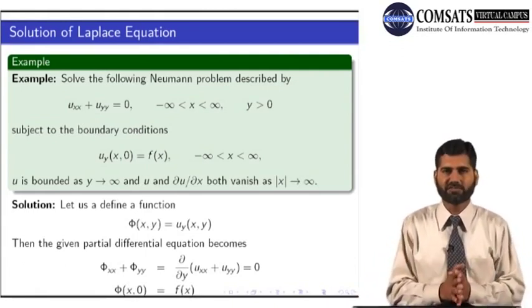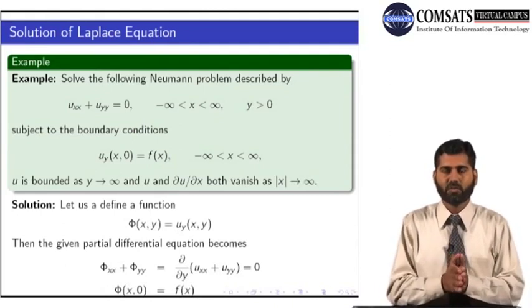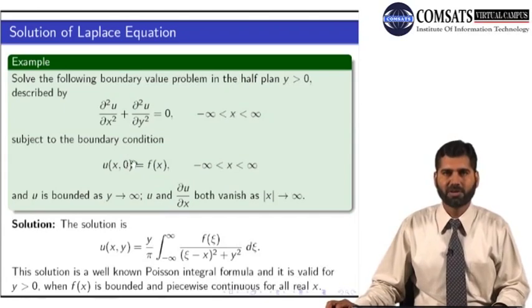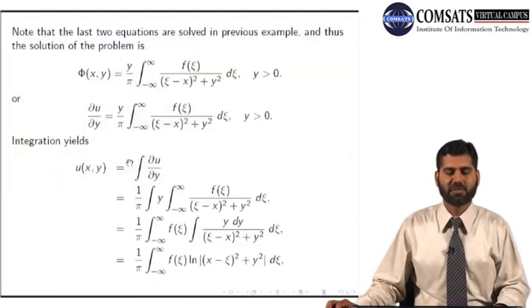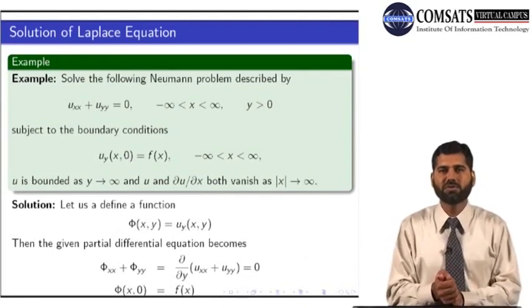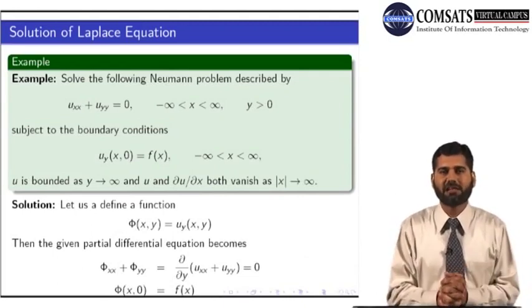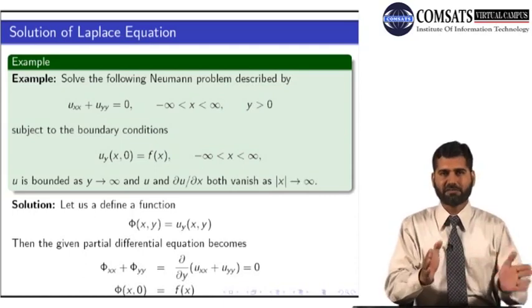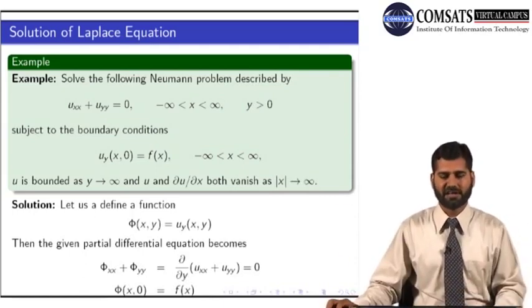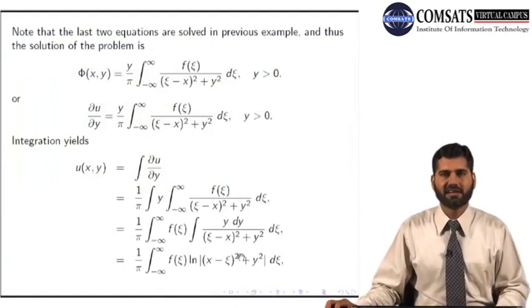So instead of using the Fourier transform on this equation, we used our previous knowledge of the Dirichlet problem to get the solution of this Neumann problem. But if only the Neumann problem is given to you, and the question is solved with the help of Fourier transformation, then you have to take the Fourier transform and solve this whole thing to get the final answer as this.